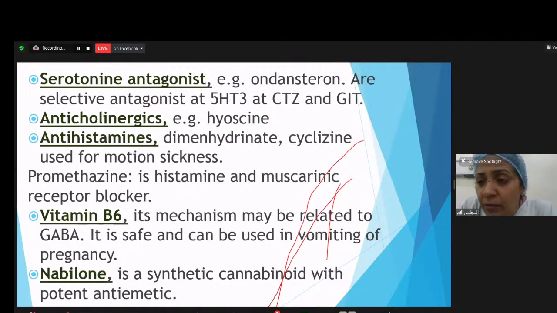It has a sedative effect, and it is used in pregnant ladies during deliveries, especially if the patient is in severe abdominal pain. During delivery it is very effective, by the way, as pre-medication in the first stage of labor. We have vitamin B6. The mechanism is not clear, but it has an antiemetic effect.